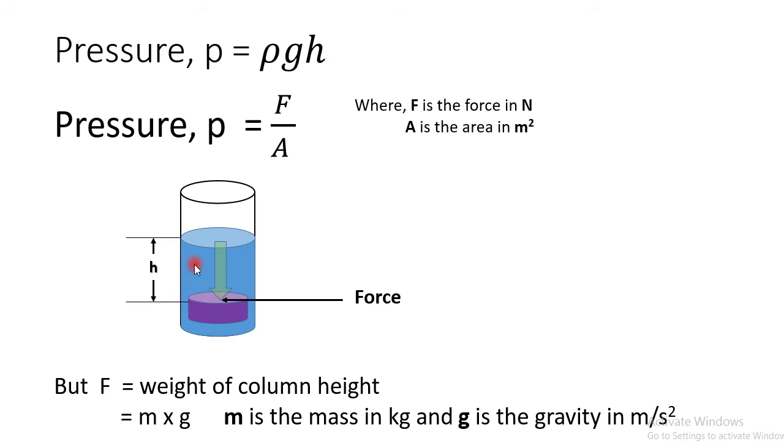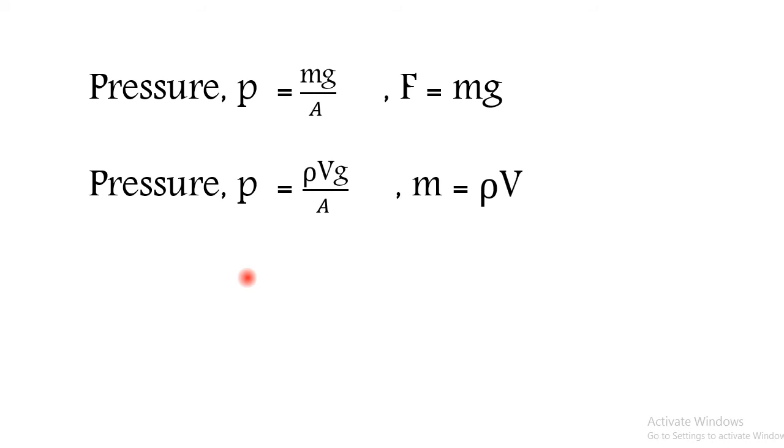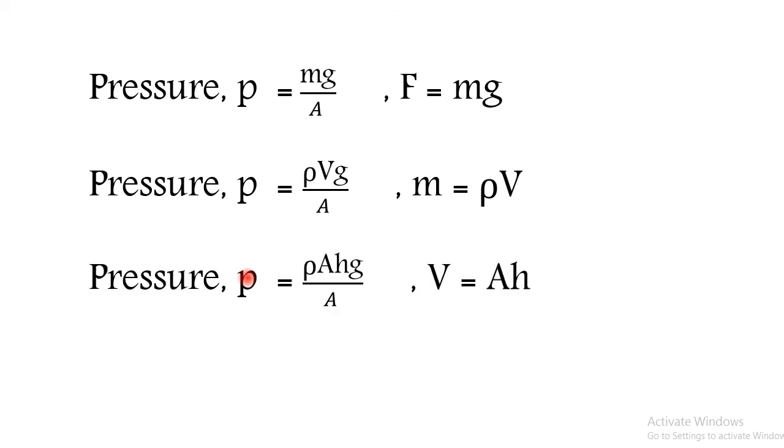So it's A times the column of water, so that instead of having V, we have Ah. So Ah has replaced V in the equation.